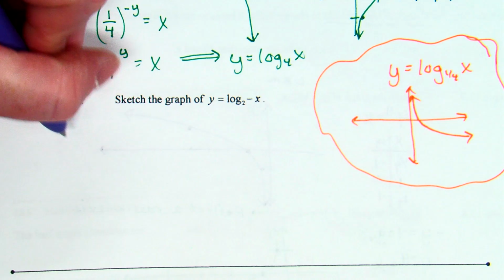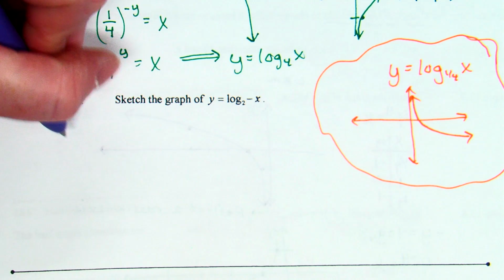Left, right, middle says 2 to the y equals negative x. Or if we're trying to make this equation x equals, we can say negative of 2 to the y.